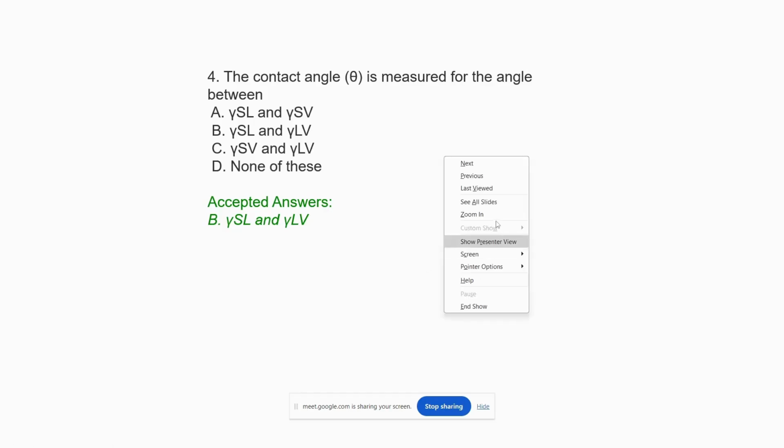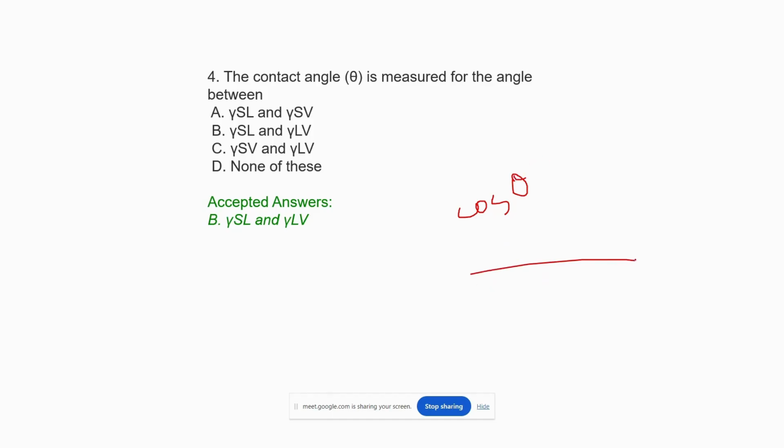So cos theta is given by, okay, this cos theta is between, this is the liquid, this is our solid, and this is vapor.